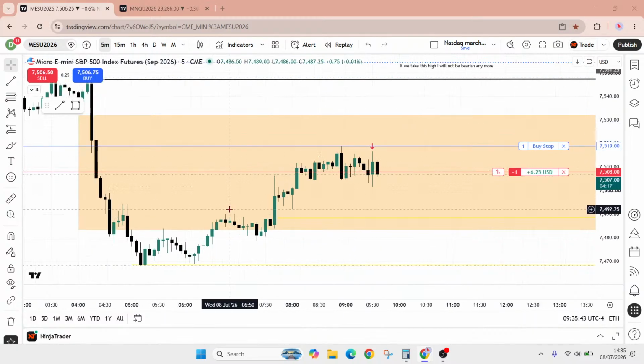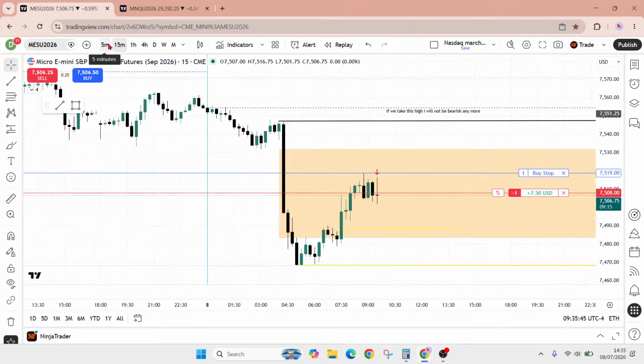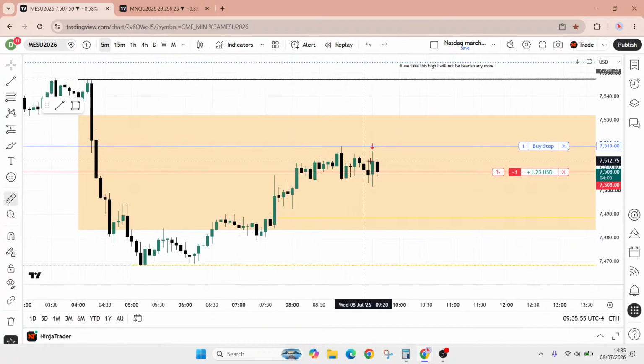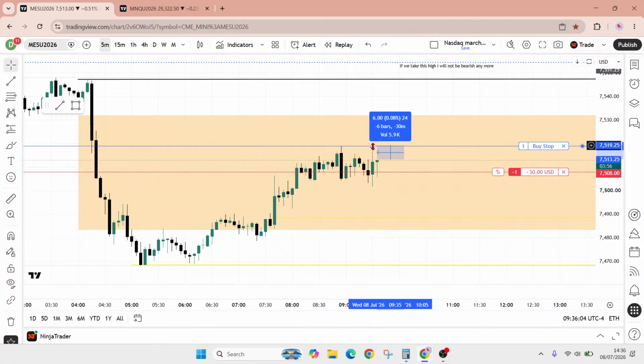Now thinking in terms of a bit more strategy or whatever you want to call it, I could have put a limit order around here, or just here.